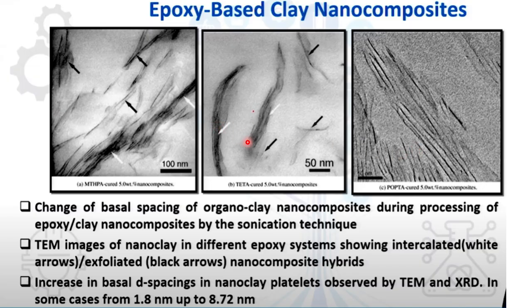So through this you can also check how much exfoliation is already done after mixing or after sonicating the fillers or clay with the resin type of material, because until and unless the polymeric chains are intercalated in between the layers, you will not get better property from the composite.